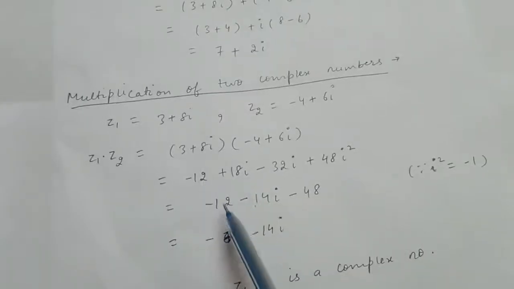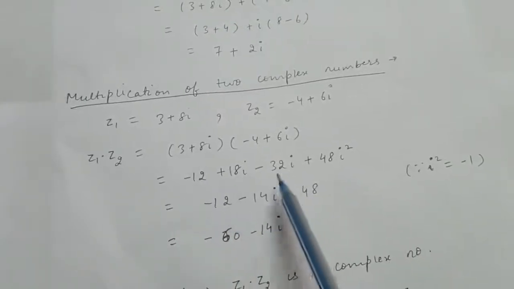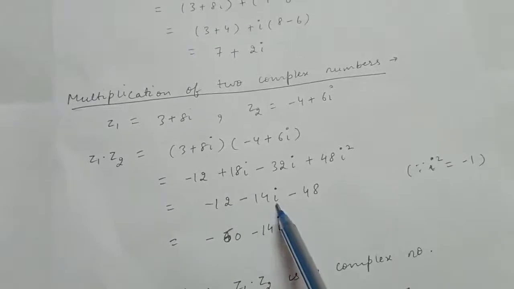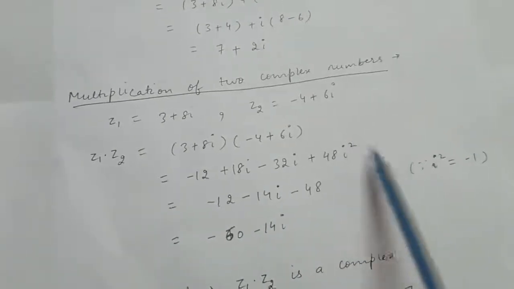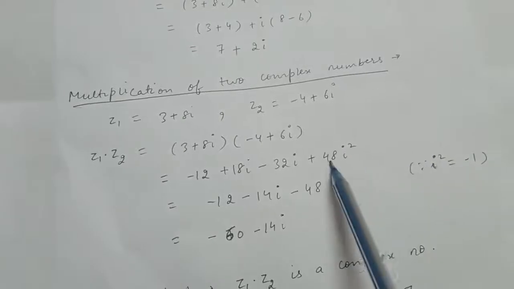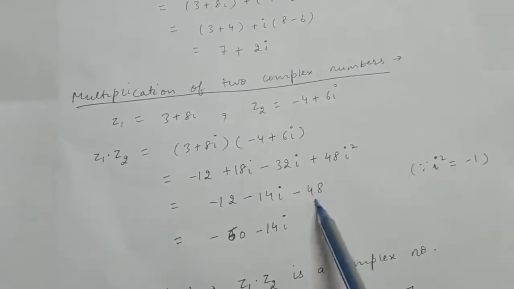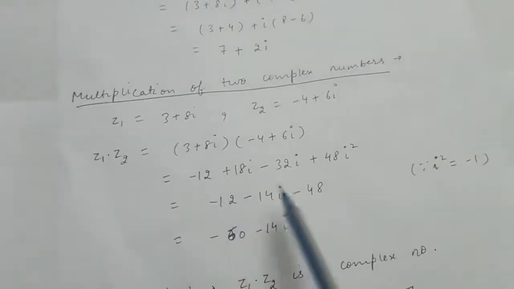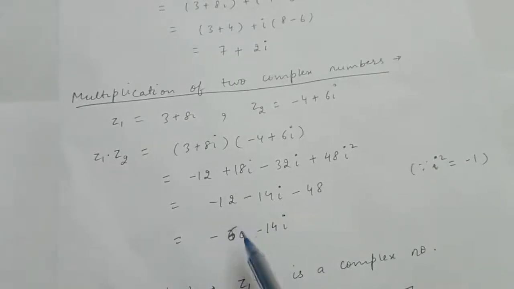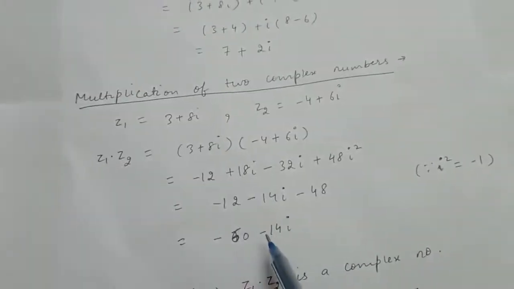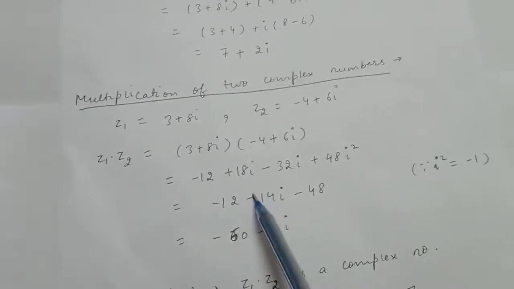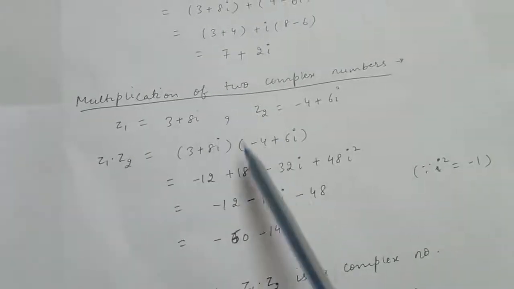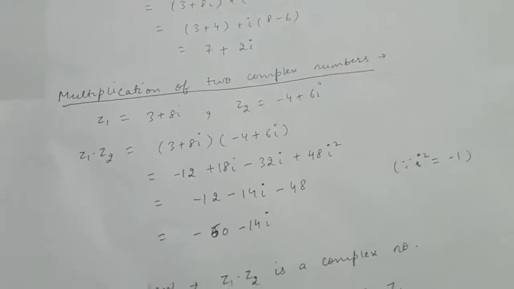Now this is minus 12, this will be minus 14 iota, and this is minus 48. Why? Because iota square is minus 1, therefore this becomes minus 48. Now solve these two. Minus 48 and minus 12 will be minus 60 minus 14 iota, right? So this is how we solve the multiplication of two complex numbers.